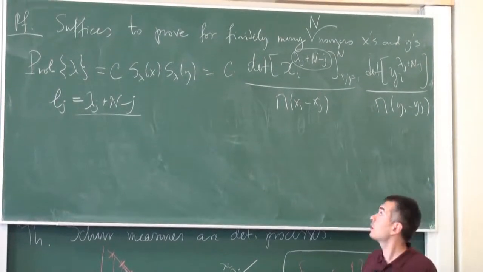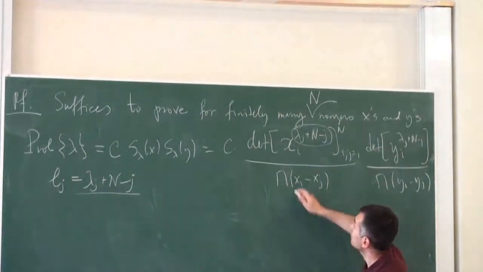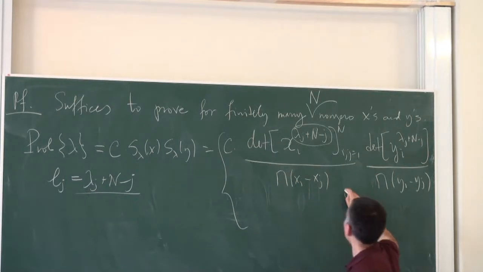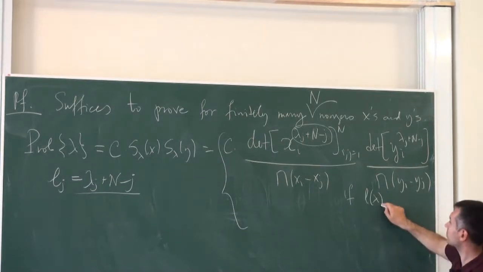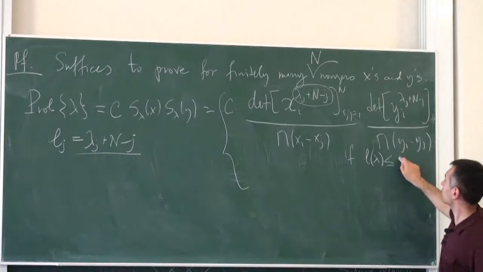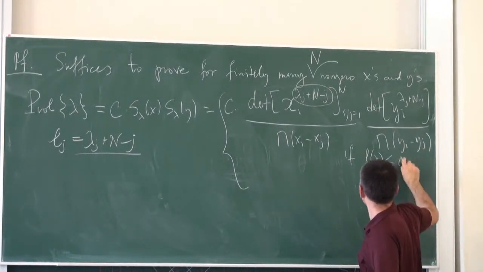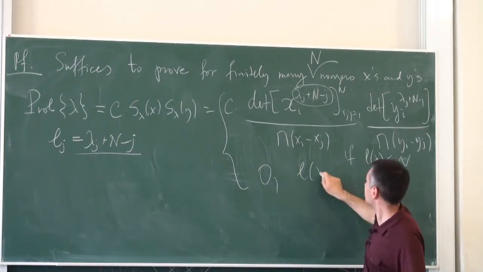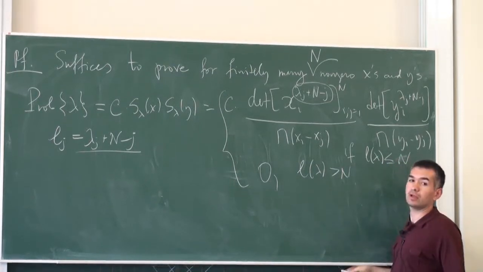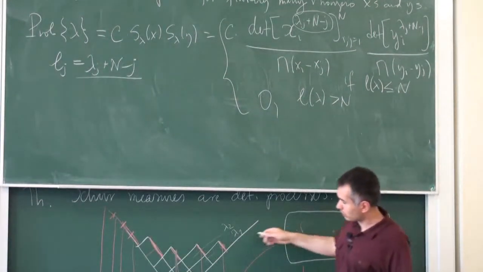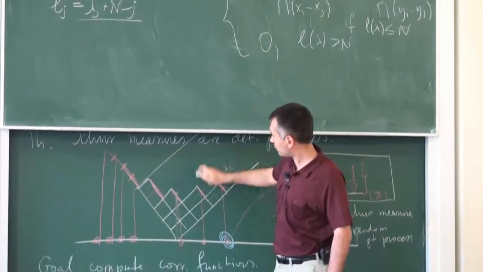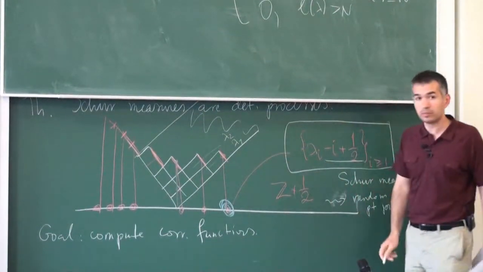I should also say that if I have only n non-zero x's and y's, then the Schur function is zero if the length of lambda is more than n. Which means that in this picture, the diagrams with non-trivial weight will always live in this strip.